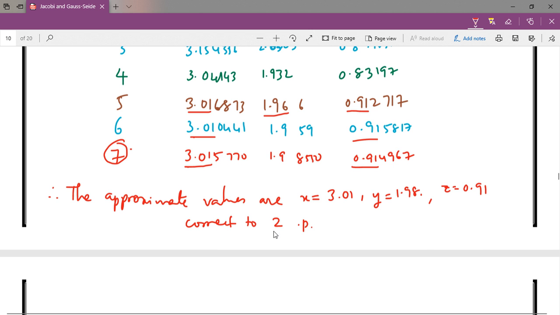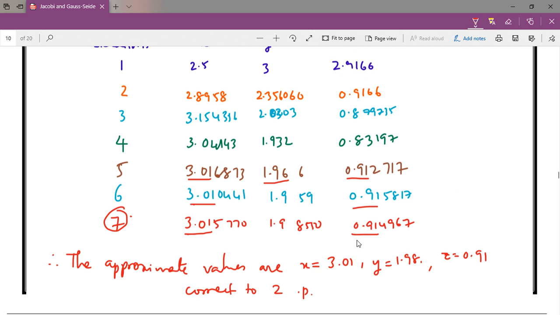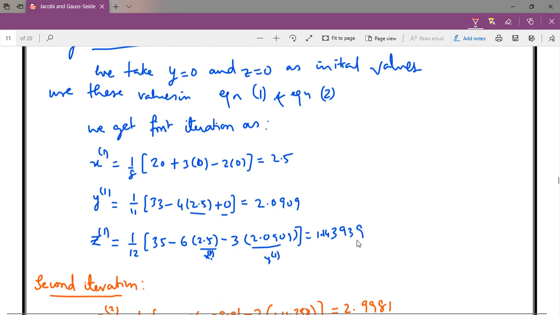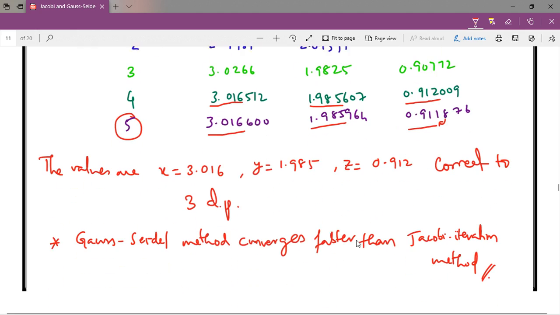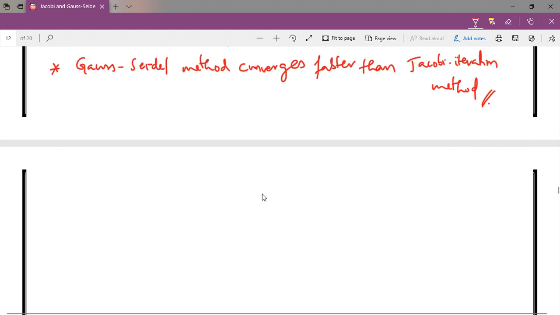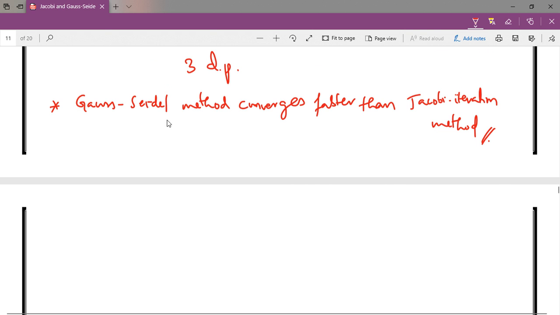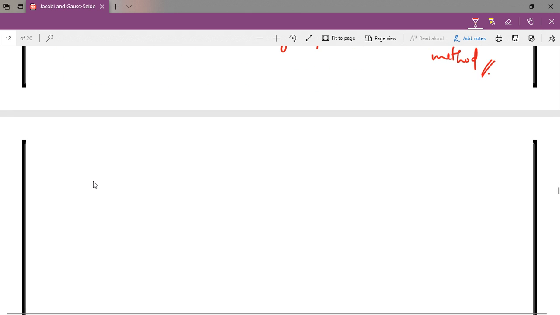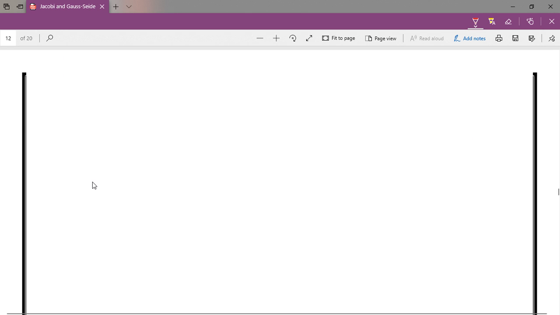This is the table of iteration for Gauss-Seidel. We have seen 3 examples so far. Here we got convergence at the 5th iteration itself. So we derived the conclusion that the Gauss-Seidel method converges faster than the Jacobi iteration method. Now in this 16th lecture we shall see the 4th example on iterative methods.